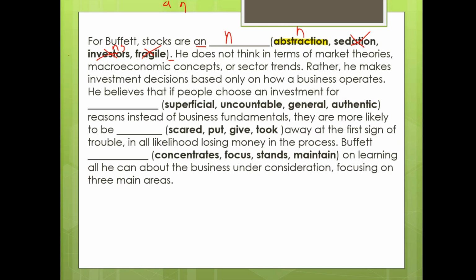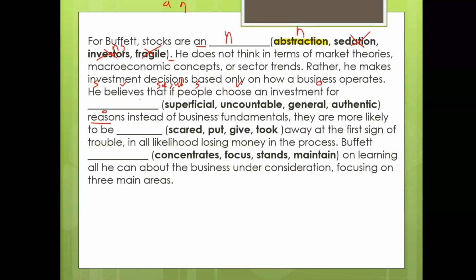Then here, for dash reasons. Here, if you want to, okay, I'll just decode everything. He is your subject, believes is your verb, that is your subordinate conjunction, if is your subordinate conjunction again, people is your subject, choose is your verb, and investment is the object, another object joined with the help of for. Instead of is joining the other object.